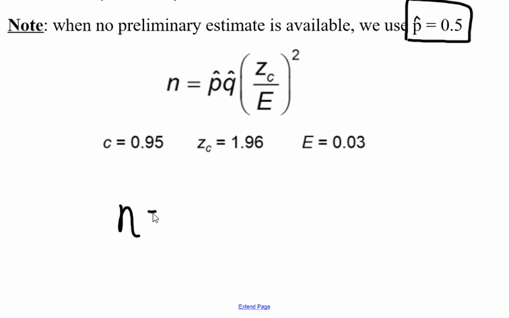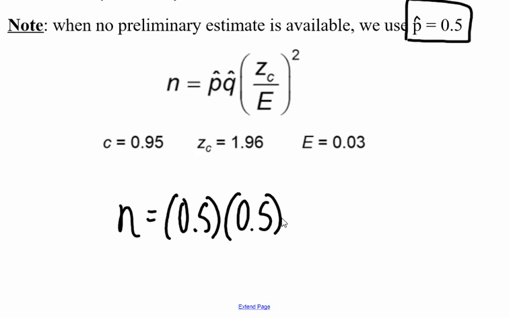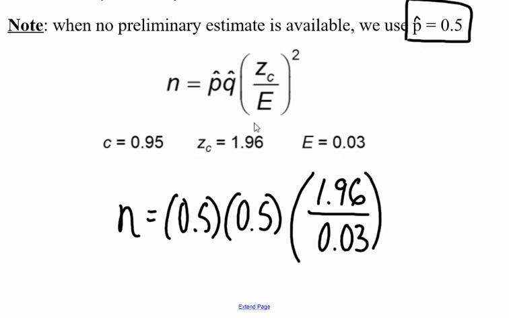My point estimate for my population success rate is 0.5. Then 50% failure, or success, 50% failure, 1.96 over 0.03. That's important. I should note your margin of error is always entered as a decimal, and then you square that.